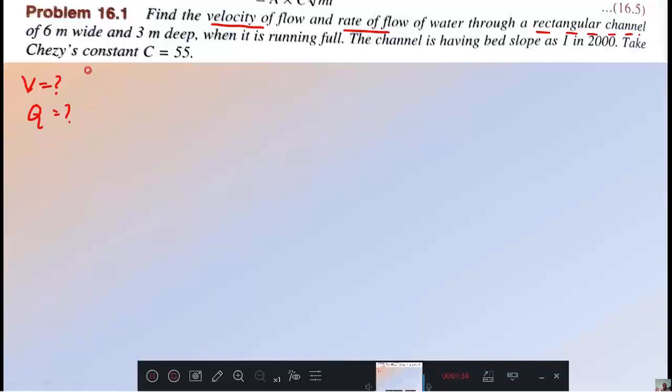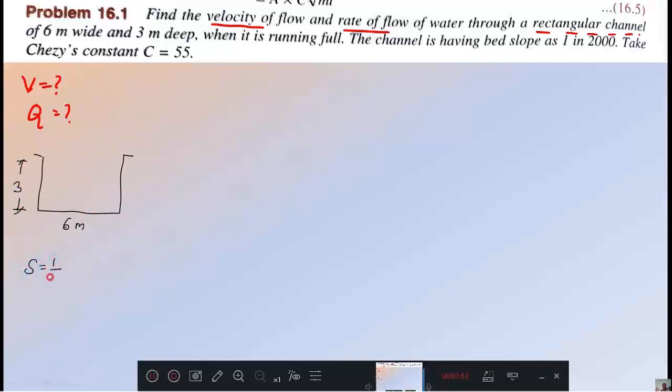Now what all data are given? It is a rectangular channel, 6 meter wide and 3 meter deep, and the bed slope S is 1 in 2000.